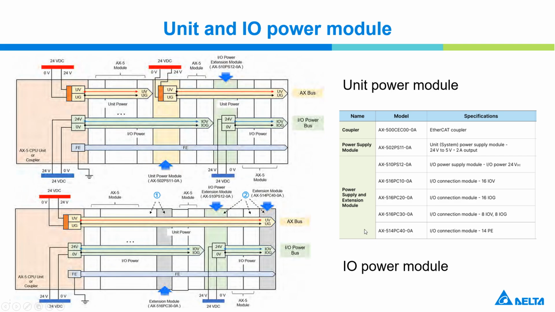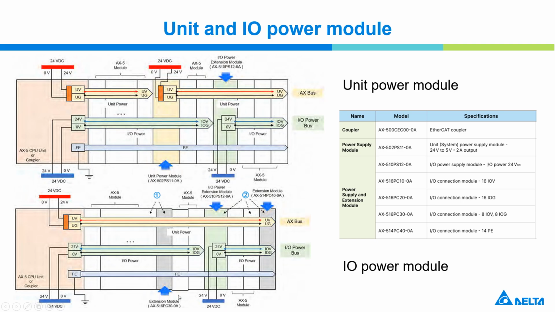And you need to notice this one, AX-516-PC30, which is an I/O connection module with 8 I/O voltage and I/O ground. This is why we designed this module: sometimes when you do the wiring, the power needs positive and negative.